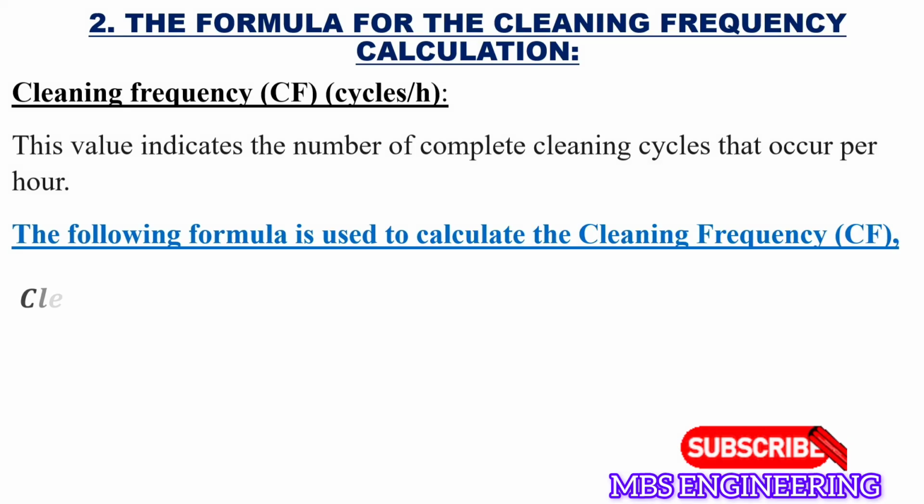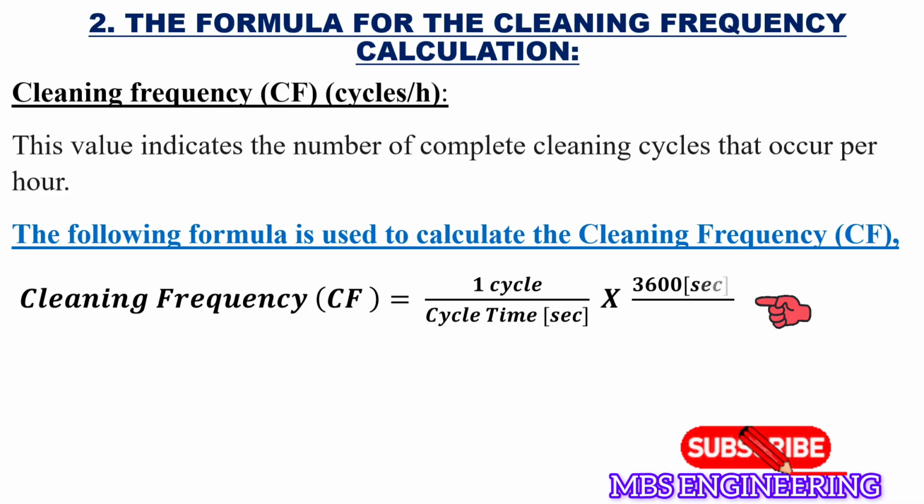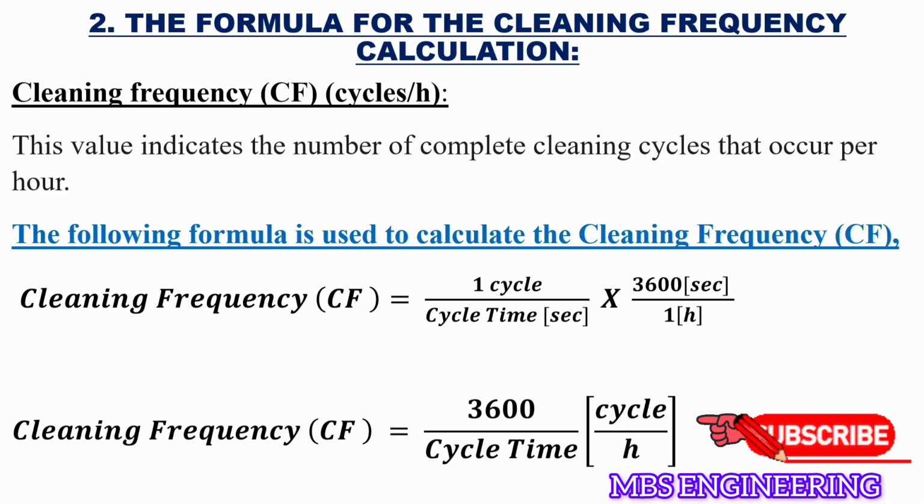The cleaning frequency, CF, is equal to 1 cycle times 3600 seconds, and the obtained value is divided by the cycle time in 1 hour. Or, in another way, the cleaning frequency, CF, is equal to 3600 divided by the cycle time. Its unit is measured in cycles per hour.